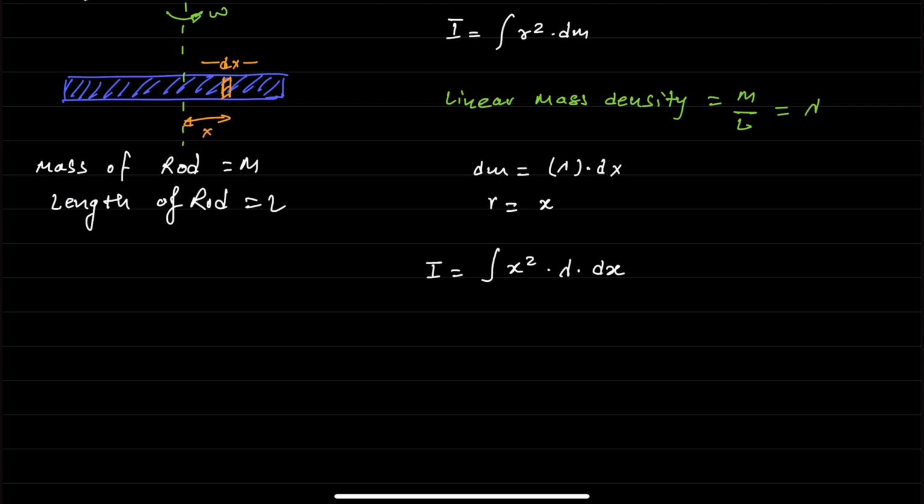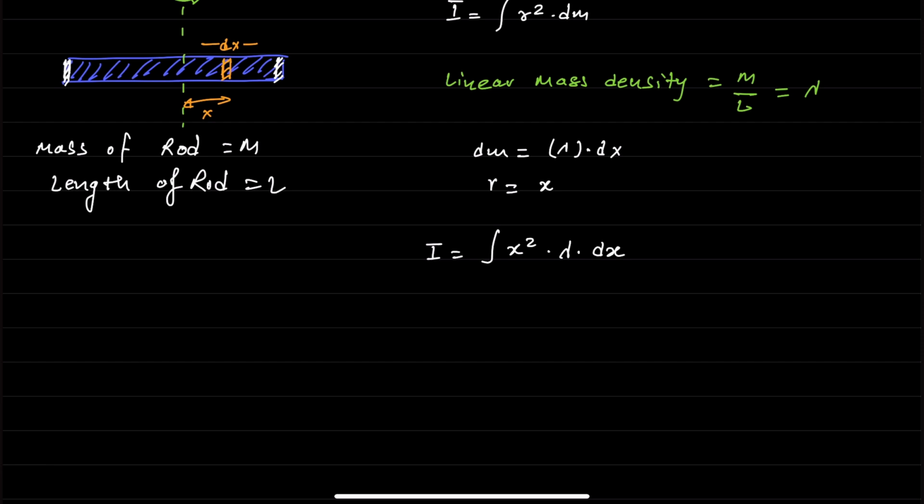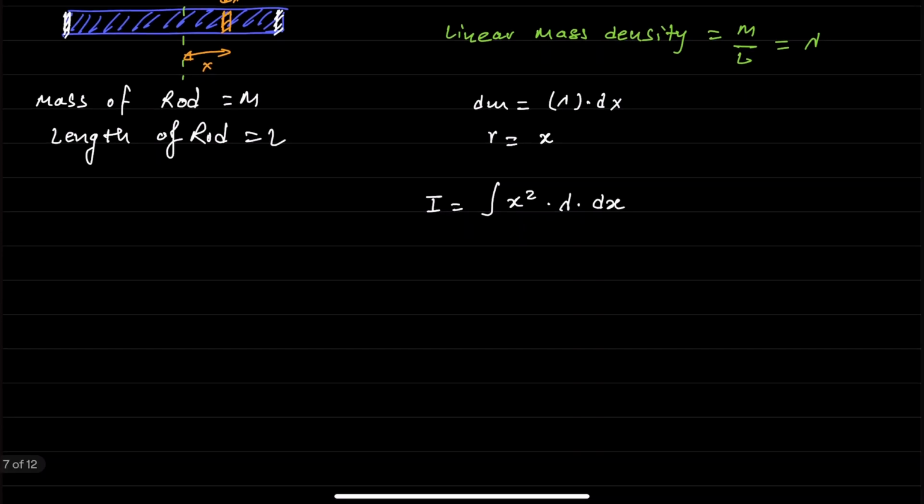Now this is a finite rod, so I also need to define the limits, where I am taking the first element and where the last element is. So this will be our first element, and this will be the last element. For the first element the location will be minus L by 2, and for the last element it will be plus L by 2. So let's substitute the values and find I.